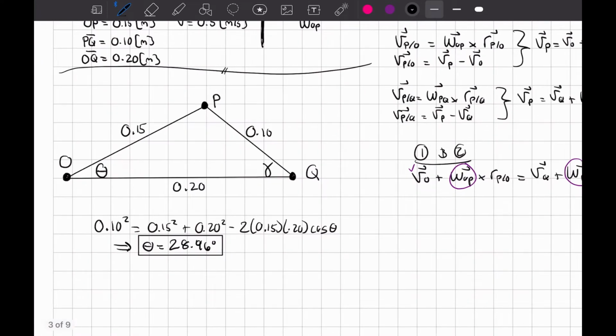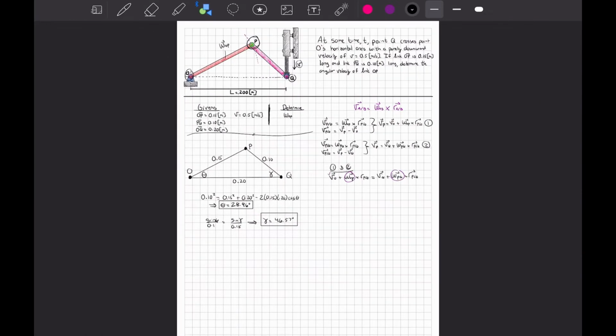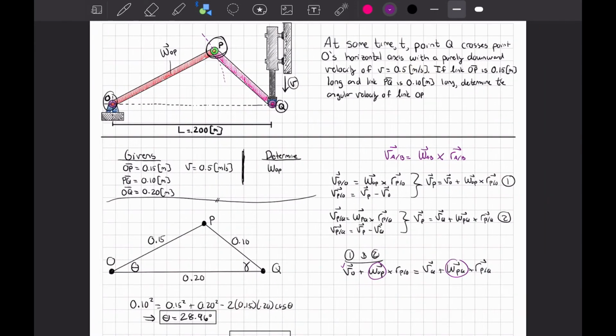Okay? Then if we do the law of sines here, we can calculate the angle for gamma. And we do that, and we see that gamma is about 46.57 degrees. Okay? Now what I'm going to do is I'm just going to draw in a coordinate axes just so we have our signs straight.